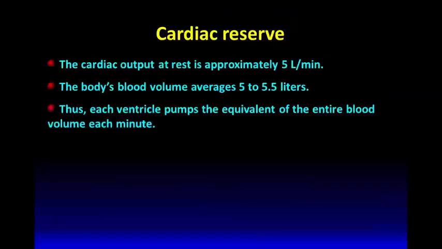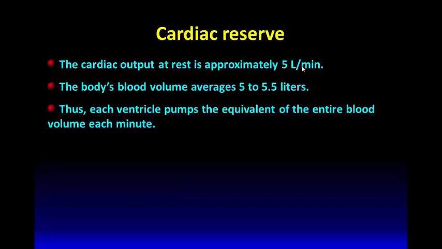The cardiac output at rest is approximately 5 liters per minute, because at rest the stroke volume is approximately 70 milliliters and the heart rate is approximately 70 beats per minute. So if we multiply the heart rate by the stroke volume, 70 multiplied by 70, the result is 4,900 milliliters in 1 minute, which is approximately 5 liters in 1 minute.